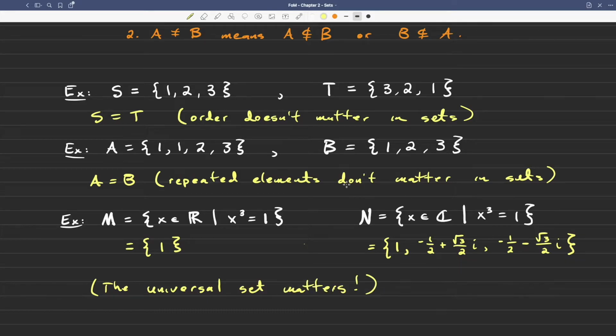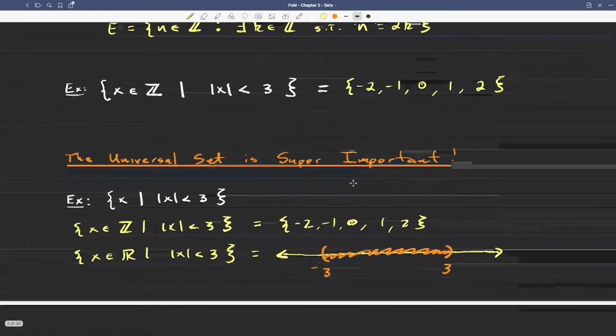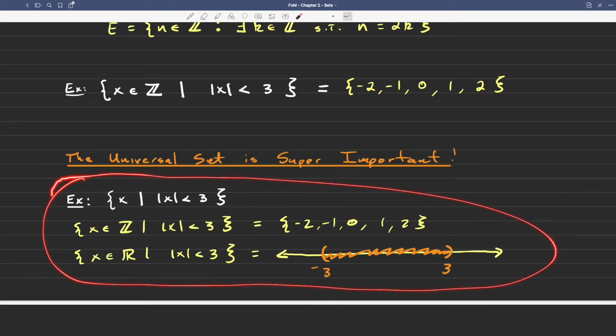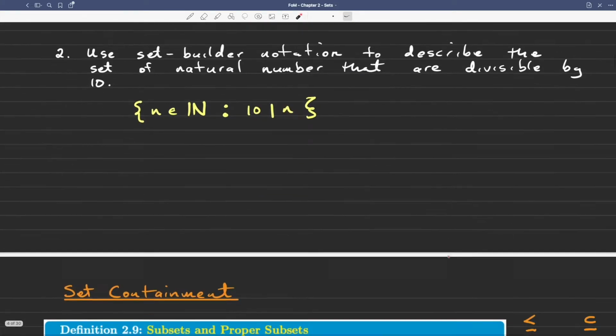In fact, we saw it previously with the set of x's where the absolute value of x is less than 3. If our universal set was the integers, we got this discrete set of 5 elements, -2, -1, 0, 1, and 2. But if the universal set was the real numbers, we got a whole interval. So anyway, just driving home that point once again.